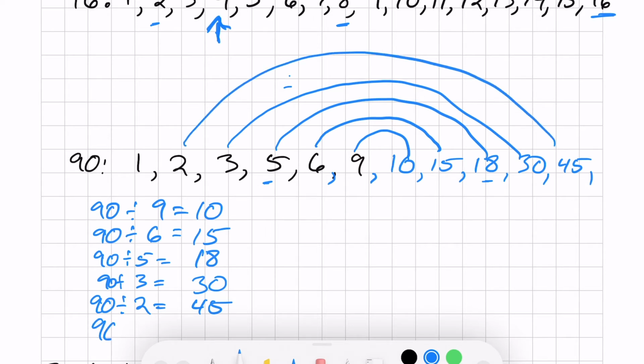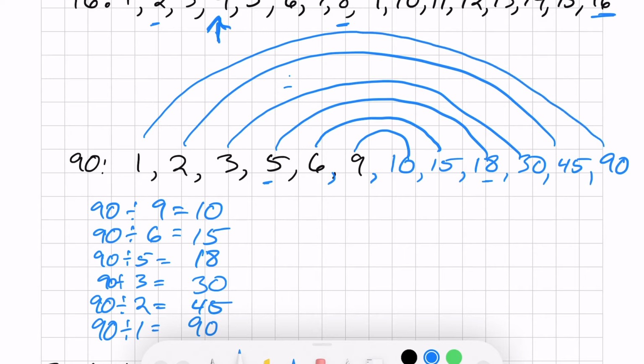And 90 divided by 1, of course, is 90. There we go. Okay, so these are in order from the smallest to the largest because dividing by the smaller number you get the result of the larger number.